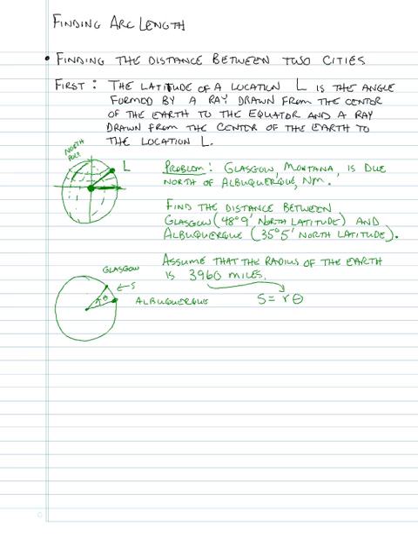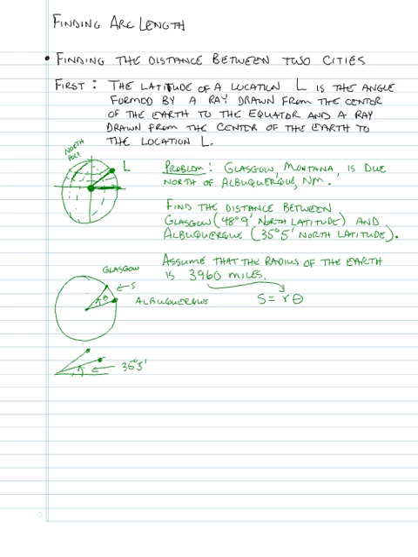So the job first is to find the angle theta any way I can. Remember, here's the idea when we look at it this way: I'm going to throw this down to the side. Let's look at this as going to the equator, and this is going to Albuquerque, and this is going to Glasgow. Now, this angle is told to us to be 35 degrees and 5 minutes.